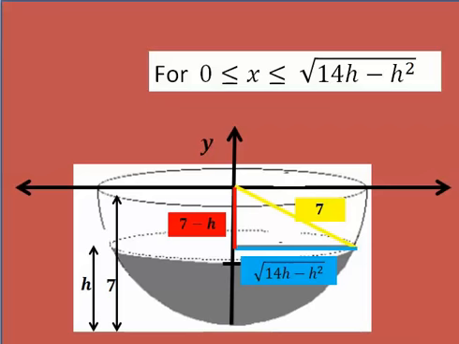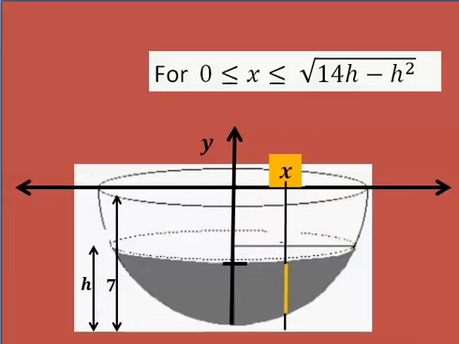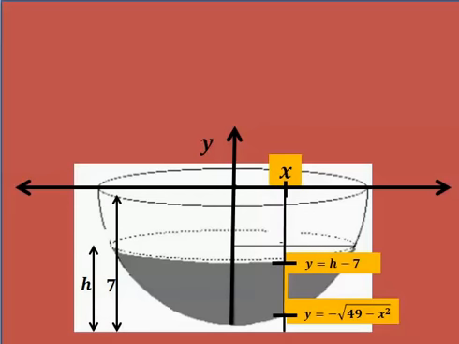Okay, so I have the range of x. Now let's fix a value of x. For a given value of x, what is going to be the range of y? This is the range of y. And so the height of my shell is going to be the difference of these two values.